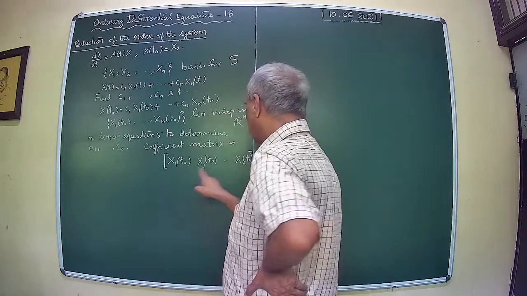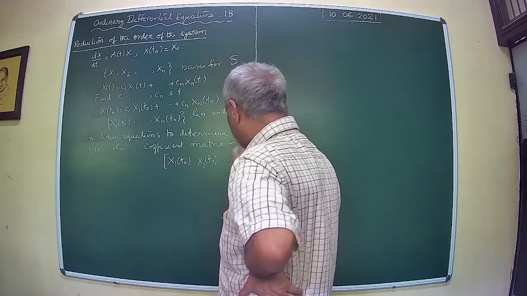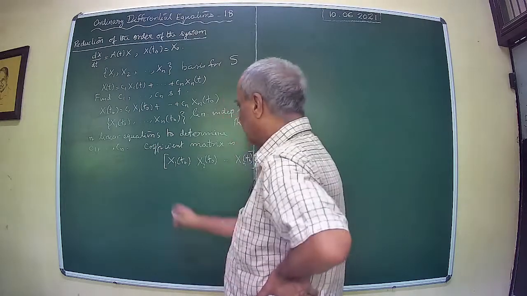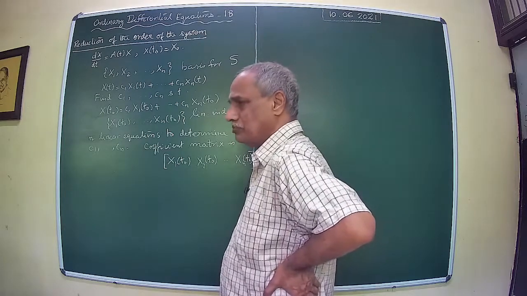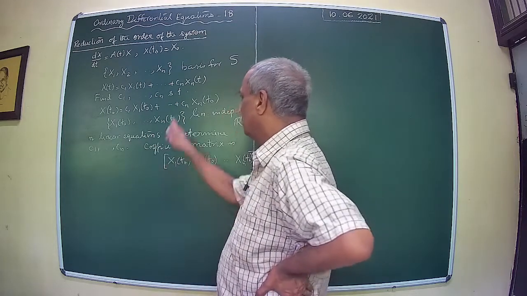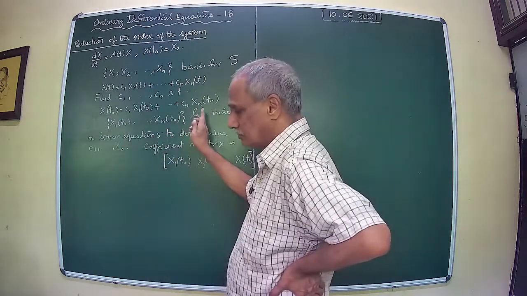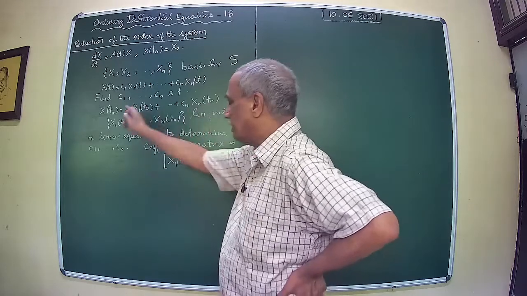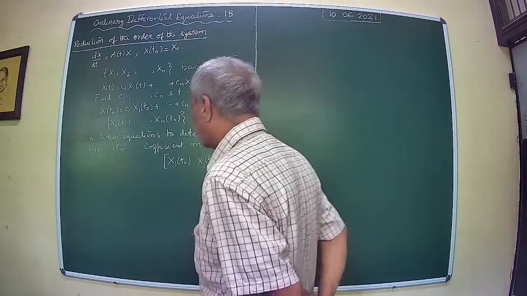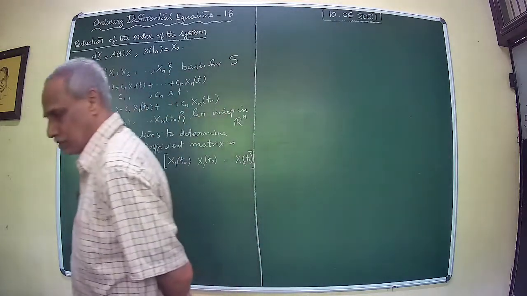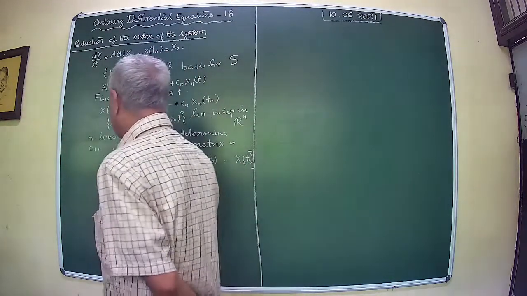Okay, so this is the coefficient matrix. And you know that these columns are all linearly independent. Therefore, the determinant of this matrix is not equal to 0. Therefore, you can solve these n linear equations to determine c1, c2, ..., cn, to get the unique solution. So that is no problem. Okay. So let us leave it at that.